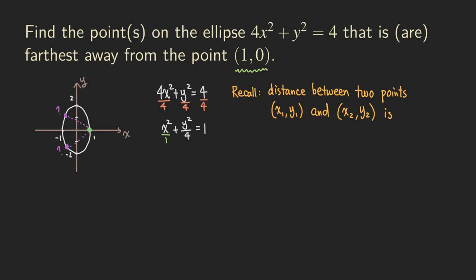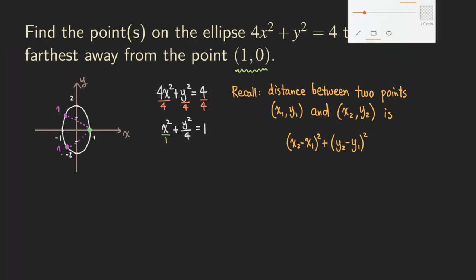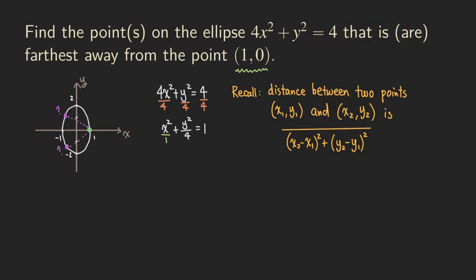So you remember the formula, it's the difference of the x values, square that, and then we are adding that to the square of the difference of the y values. And then we are going to take the square root of that quantity we are getting. So that's the distance.